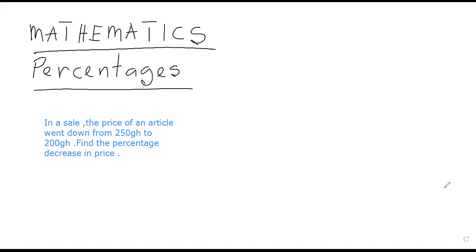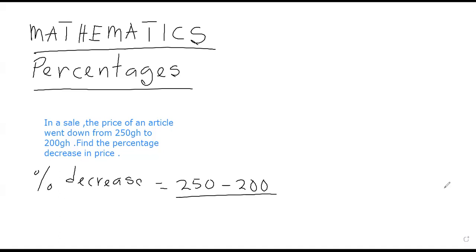Okay, so the percentage decrease should be equal to the change in price, that is 250 minus 200, all over 250. That is, we are expressing the change in price as a percentage of the original price. So that will be times 100%.